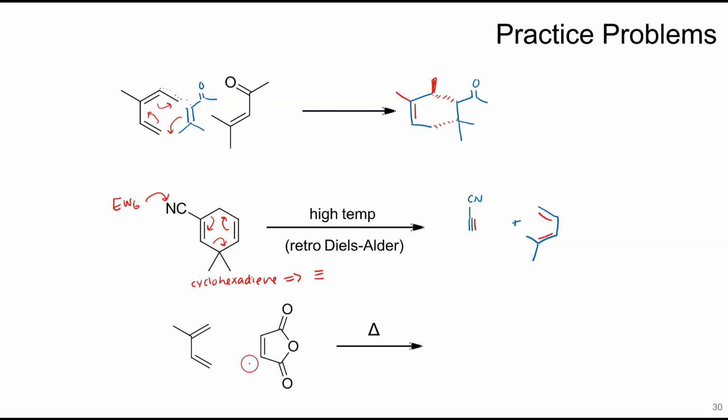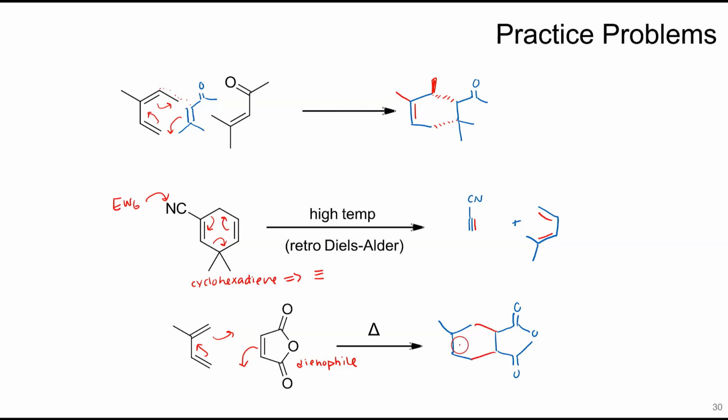And then to look at this Diels-Alder, this is my diene, this is my dienophile. Electron movement is the same. So all of these just come along for the ride.